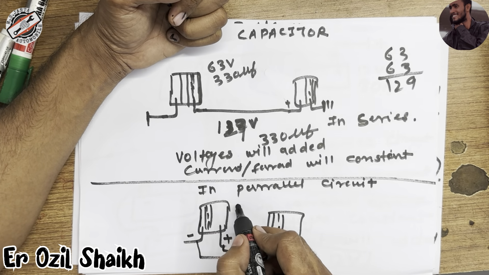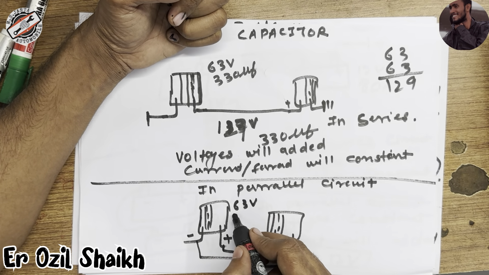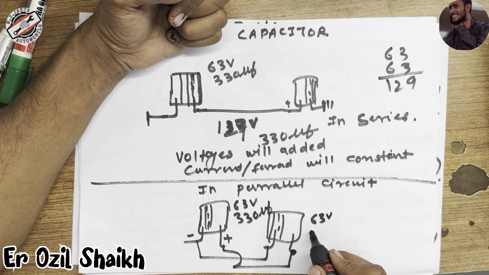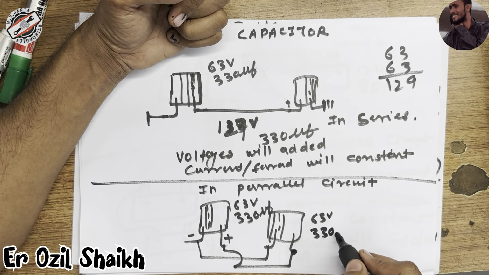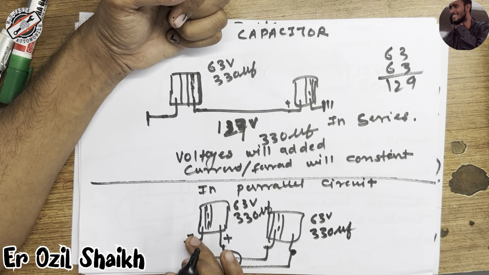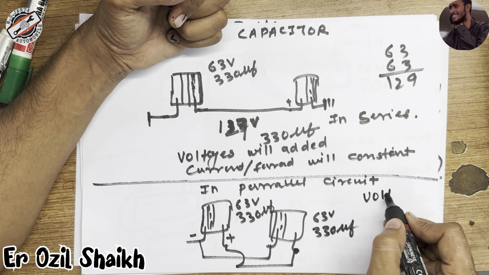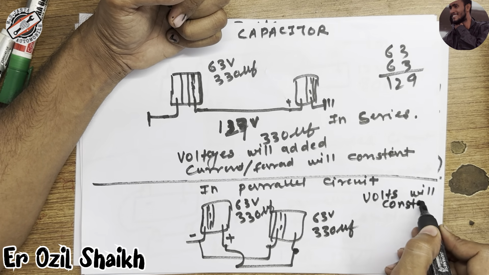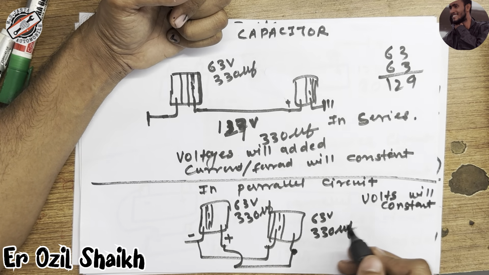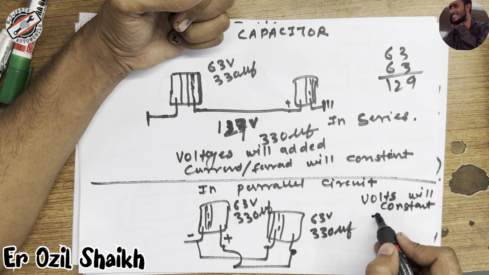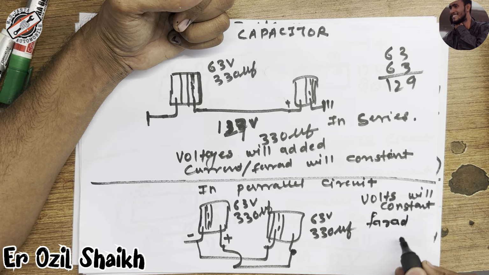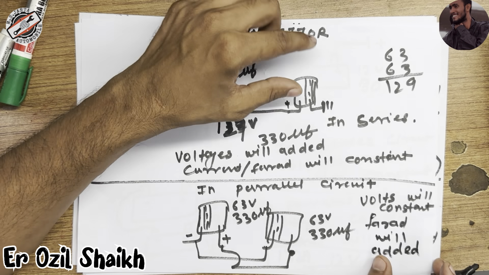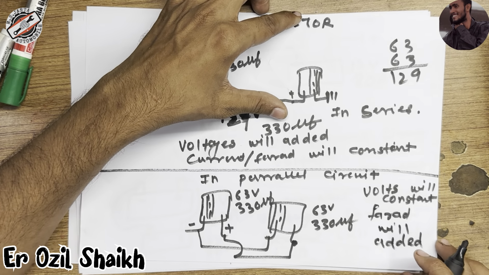So if there is a 63 volt and 330 microfarad, also 63 volt and 330 microfarad, at that time the volts will be constant, and farad will be added or increase. Okay, so this is the very important thing.